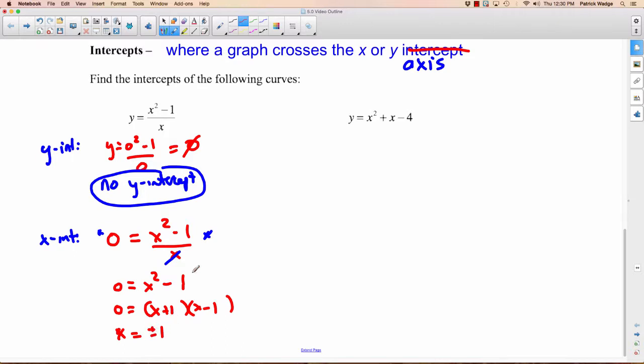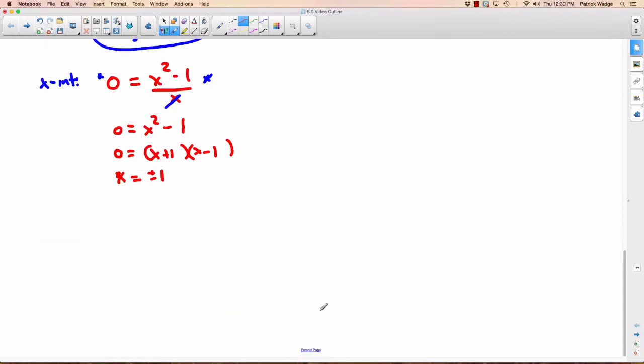So these are your x-intercepts, or the way you could also write them as points if you want. You could write that one x-intercept is (1, 0), and the other x-intercept is (-1, 0). That's fine as well. It's not necessary you do that though, as long as you know you're talking about the x-intercepts. Plus or minus 1 would also be okay.